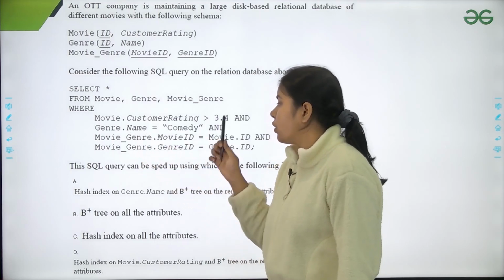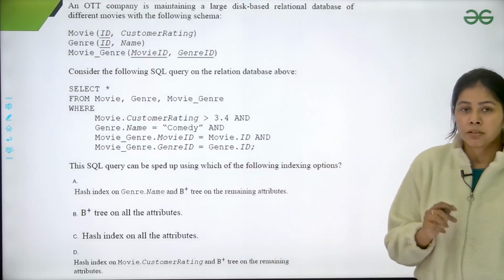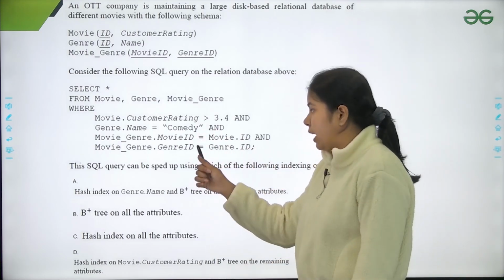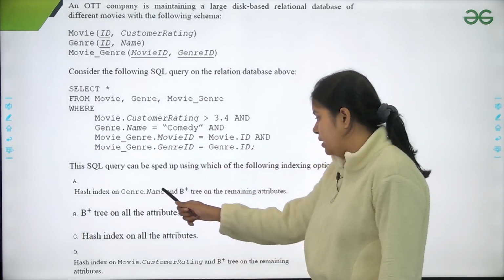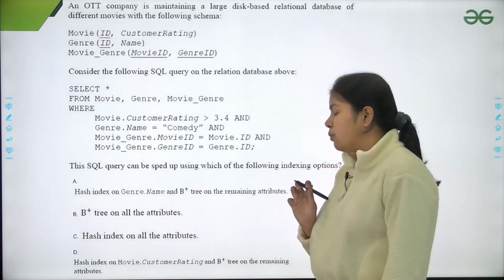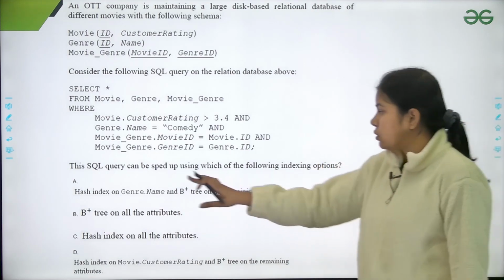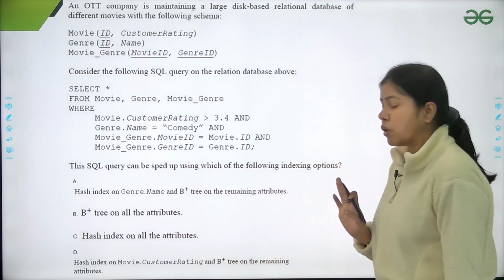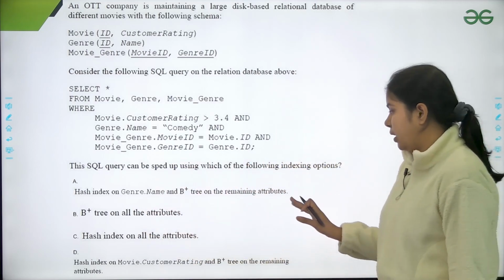And for genre.name equal to comedy, we want a uniform value, that is comedy, which I can get from a hash index. So a hash index on genre name and B+ trees on the remaining attributes, which means option A would work.